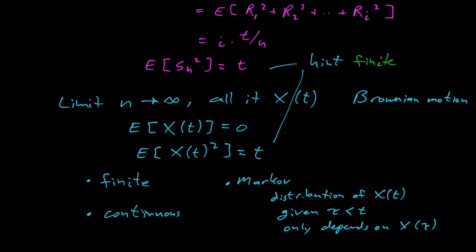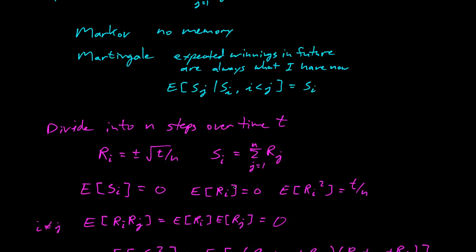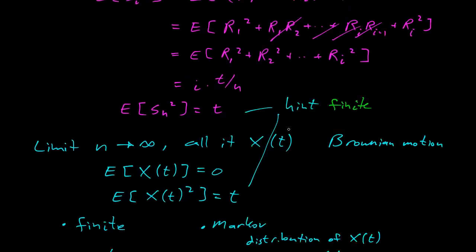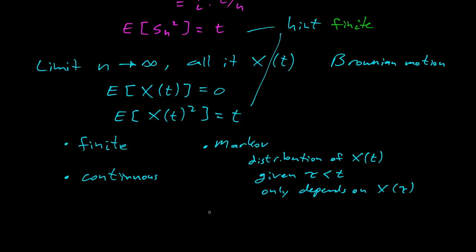This just means that if we're at the present tau looking into the future t, our expectations about what's going to happen in the future at t only depend on what's happened right now. This is very similar to our Markov property up here, where we just said there's no memory of the coin flip. All the coin flips in the past don't affect the coin flips in the future. This is just the continuous version of that property.